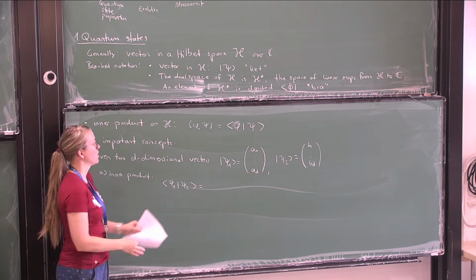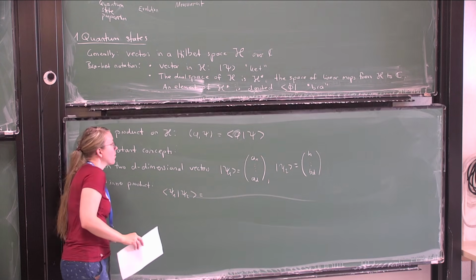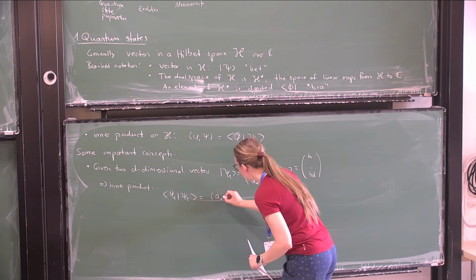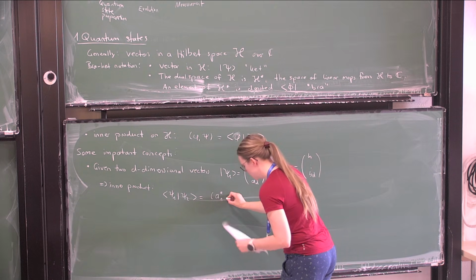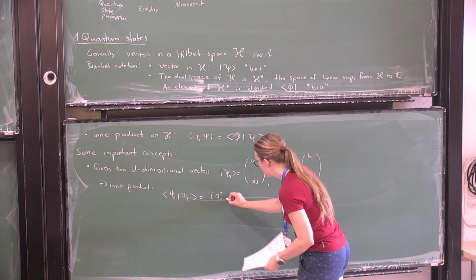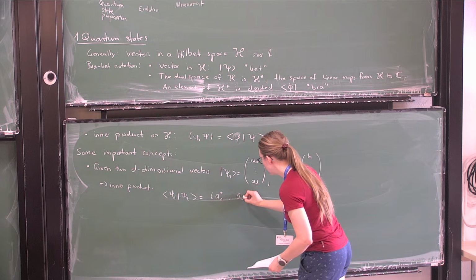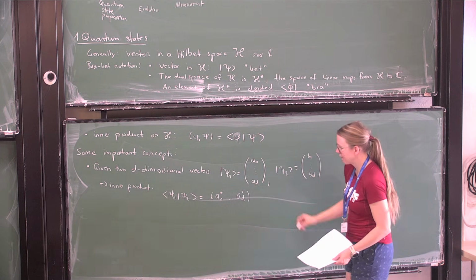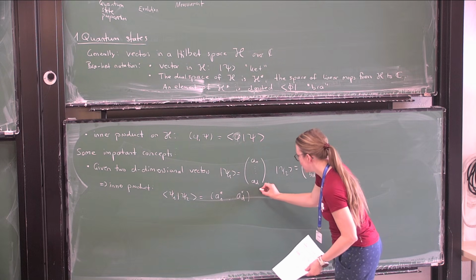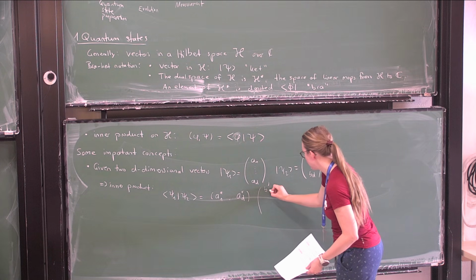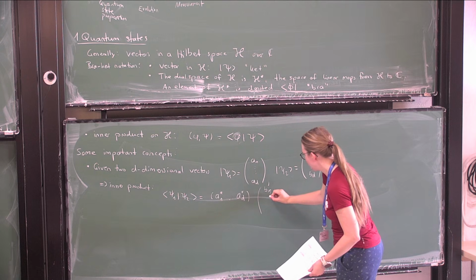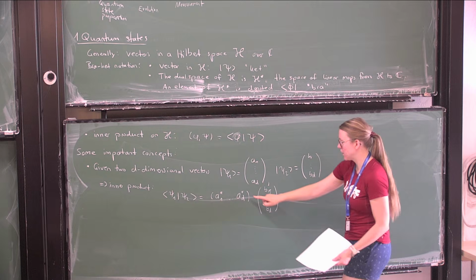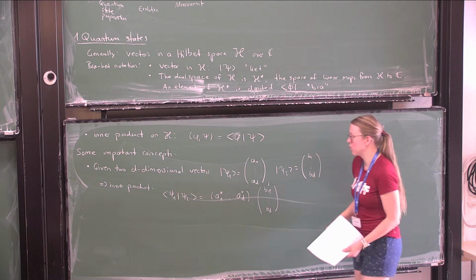If I write this out in terms of these vectors, you take the complex conjugate of the entries of the first vector.